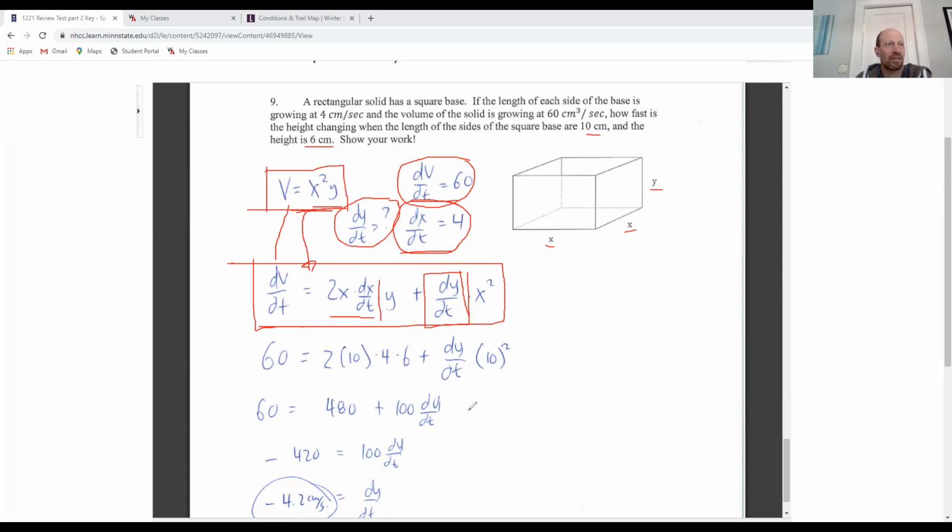It does, in this case, give me a negative. How fast is the height changing? It's actually shrinking, which maybe seems counterintuitive. The box is growing and the sides are growing, but the sides are growing so much faster than the volume's growing that, in order to keep the volume, you have to actually be slowly shrinking the top.